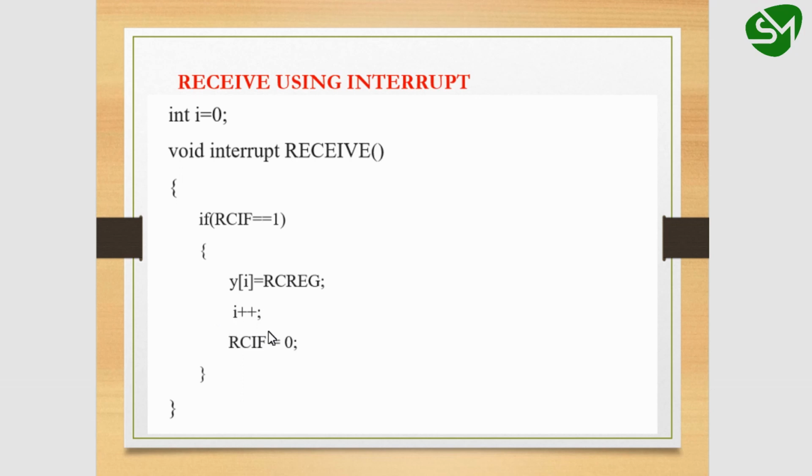When the next byte of data arrives fully, this interrupt function is called again, and this time y of 1 will receive the data, and i will become 2. Again when another byte of data comes, it will be stored in y of 2 and i will become 3. Using this method, you can store as much data as you want according to your logic.